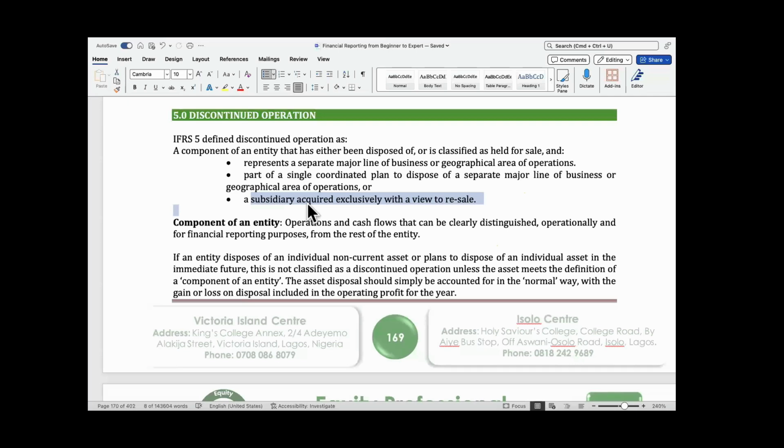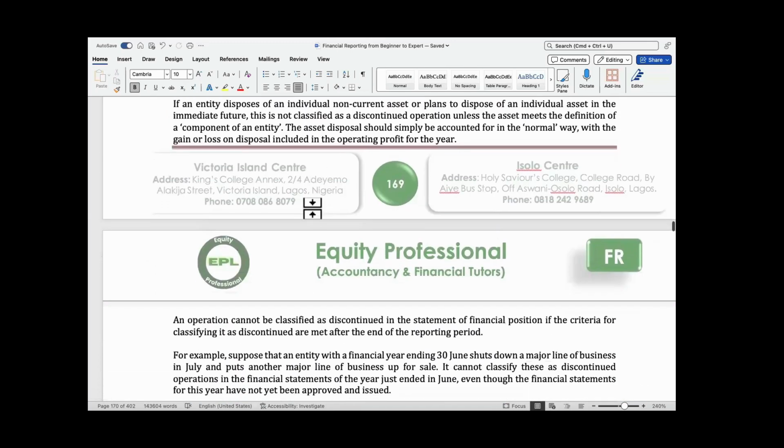Discontinued operations is when you have plans to sell, or have already sold, a component of your entity, like a branch, a subsidiary, an area of operations. So when you have that type of situation, how does it impact your books?